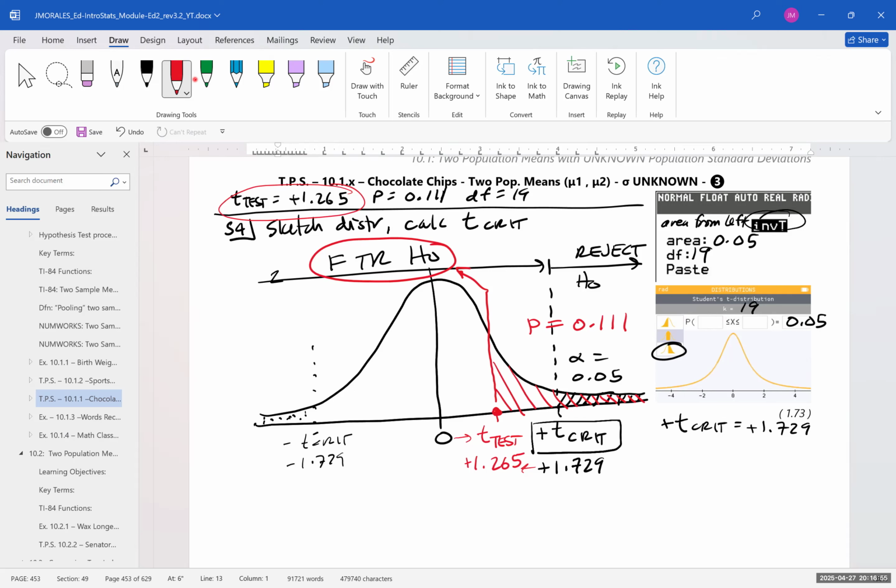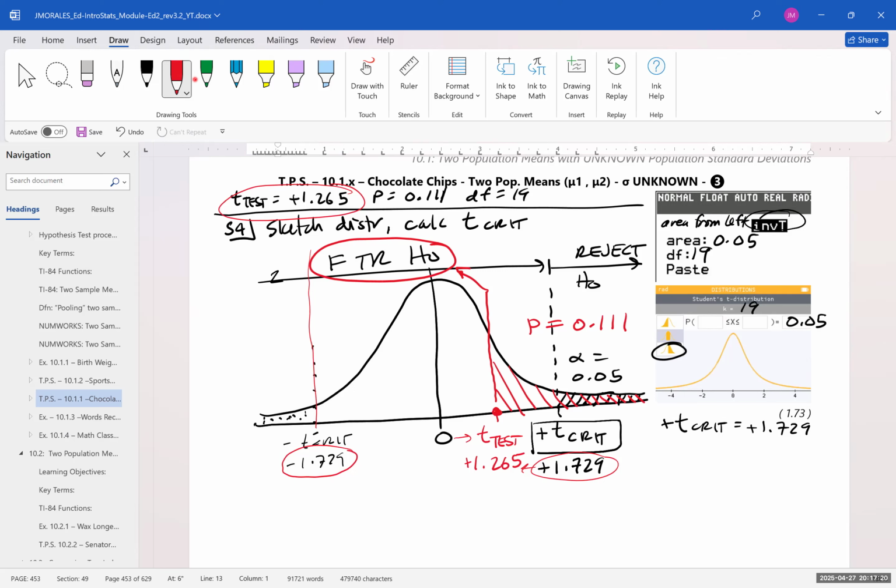Now, the reason why I said it was important to remember that this is right-tailed, because imagine if we had made the mistake and used this value. It would have given us the same answer in this case.